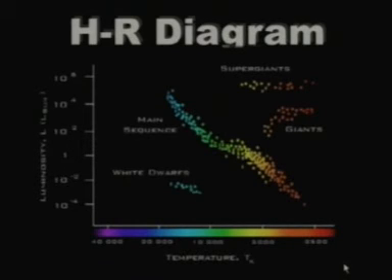A star falling in the group at the top right is a supergiant. So the HR diagram gives us all this information about the size, the mass, the temperature, and also the age. We'll show you how the age is indicated by the HR diagram. You would see how a star changes its place from birth to death on the HR diagram.